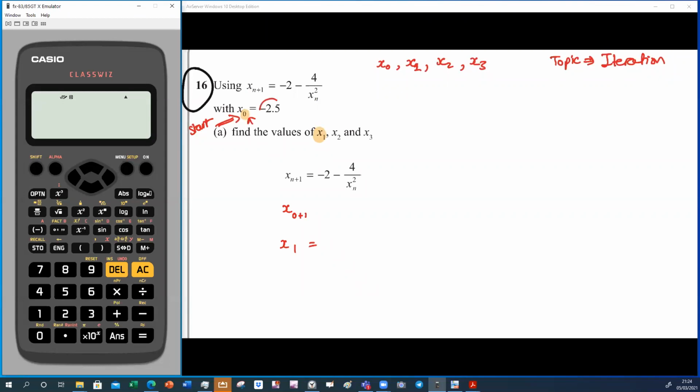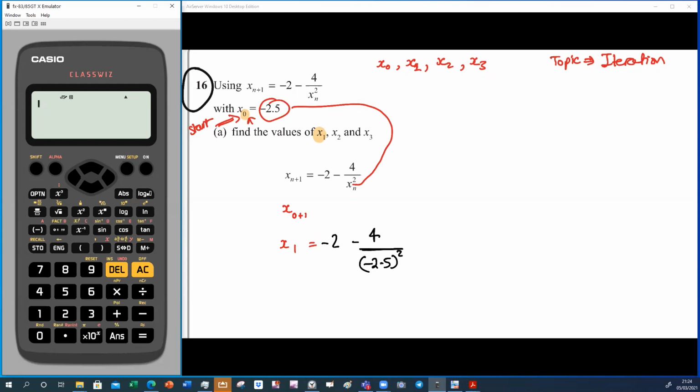Now, the x0 is actually that value. Where does that value go in? To the bottom bit, as x0. So it'll be minus 2 minus 4 over minus 2.5 squared.